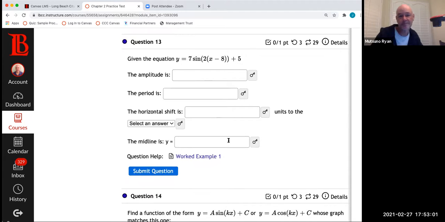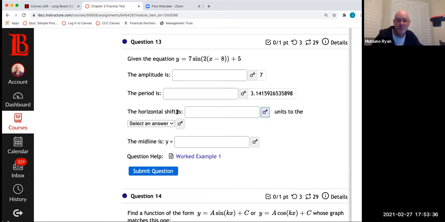And we have another one. Amplitude in this case is 7. The period is going to be, because b is 2, 2 pi over 2 is just pi. You can see pi right there. The horizontal shift is 5. That's what that is right there. And this is going to be a shift to the right because it's a positive 5. Oh, I misread the problem. I'm sorry. The horizontal shift would be called the phase shift.